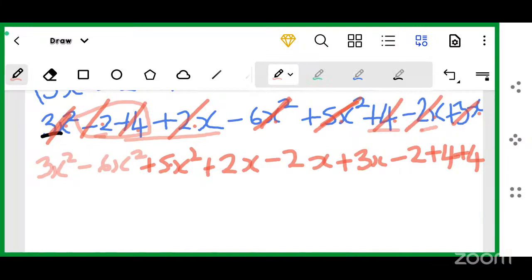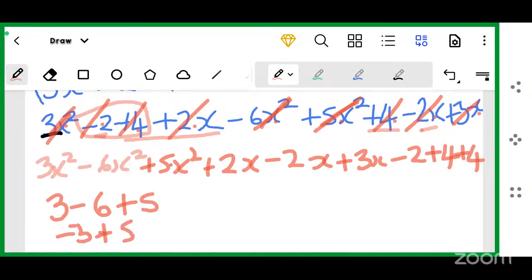Okay, so we have something like this: negative 3 minus 6 plus 5. What is 3 minus 6? Negative 3. Now we have a plus 5.